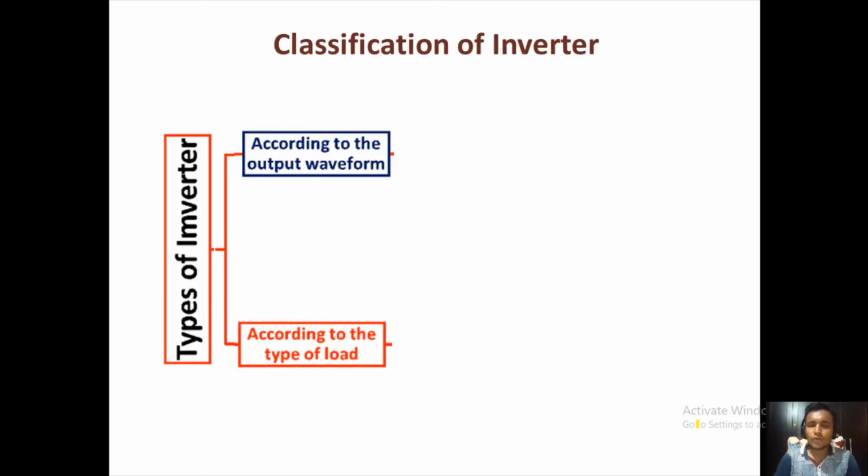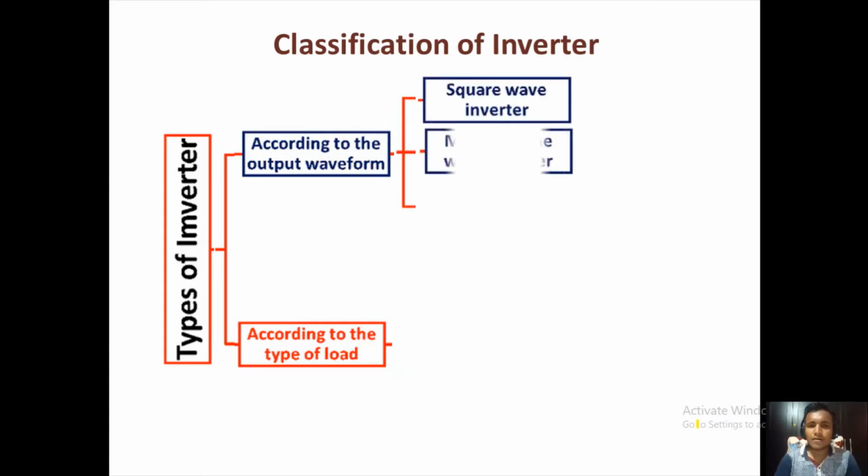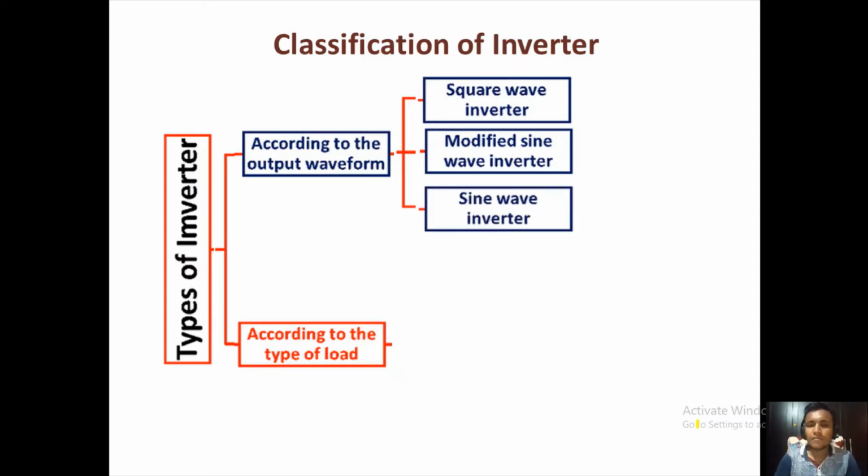According to the output waveform, it can be classified in three manners. First, the square wave inverter. Second, the modified sine wave inverter. Modified sine wave means a quasi-square or a PWM wave. Then sine wave inverters.